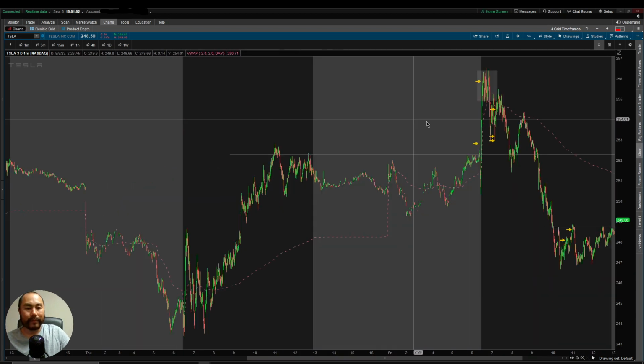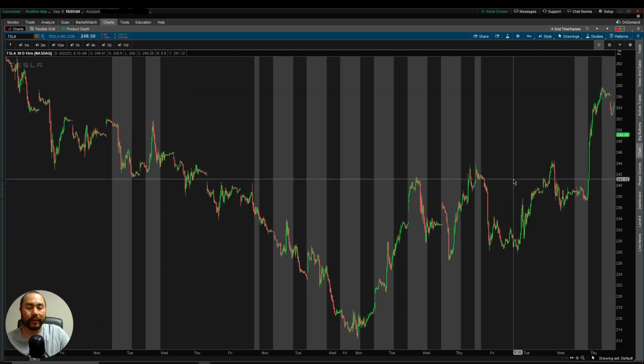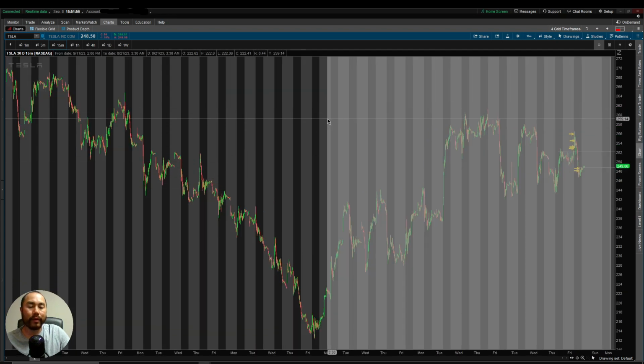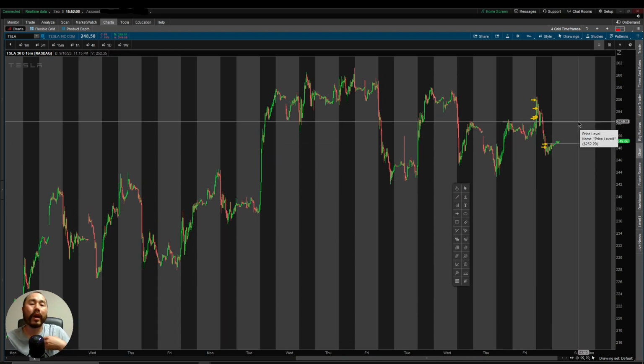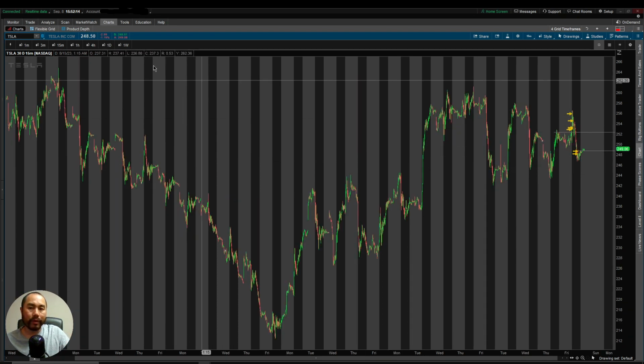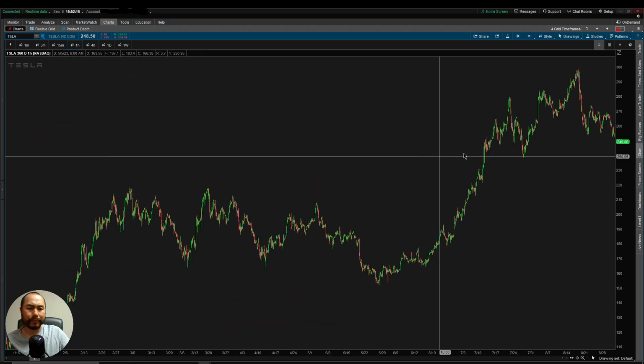So, what's next for Tesla? It's still holding this area of support, but if it breaks this, it can go lower or whatever. I can't tell you what's going to happen unless I see the pre-market. But all you can do is just plan.